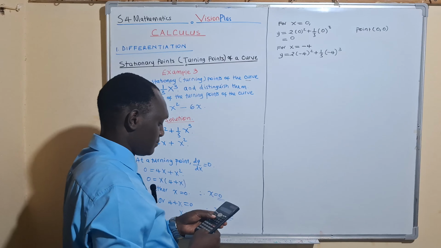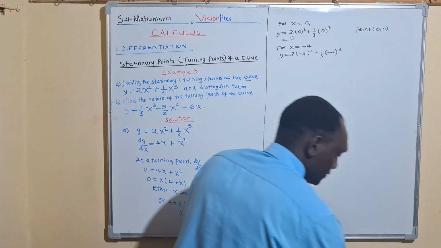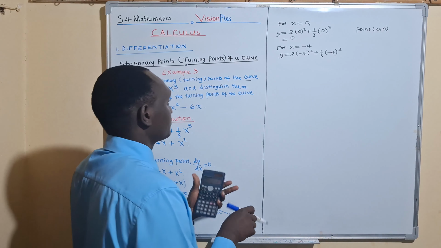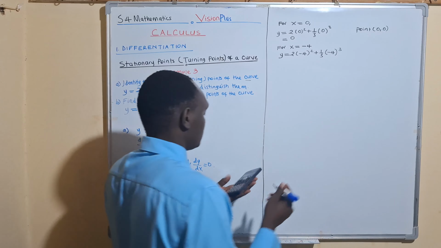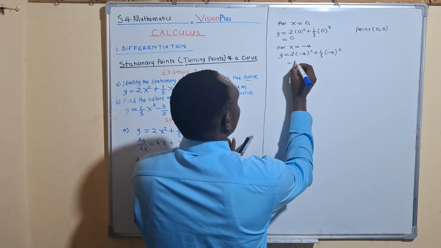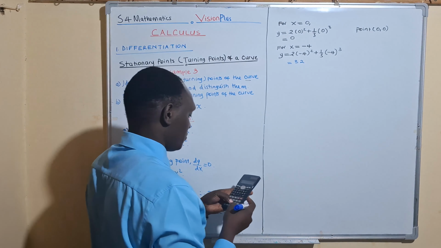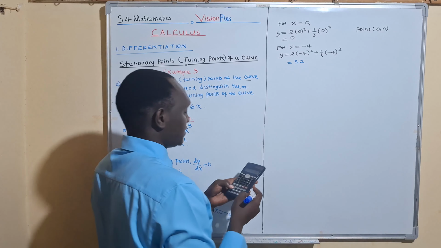Negative 4 squared is positive 16, times 2 is 32. Negative 4 cubed is negative 64.